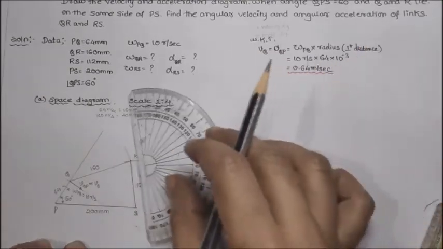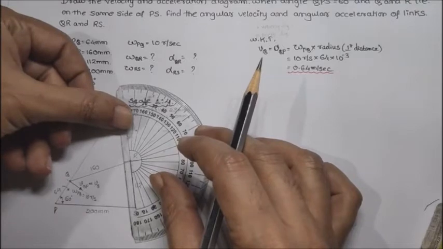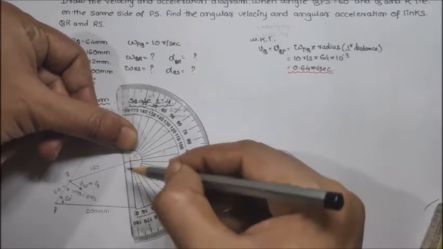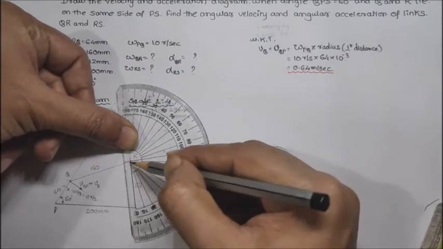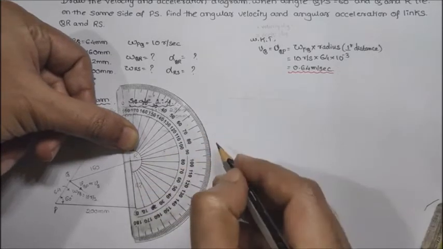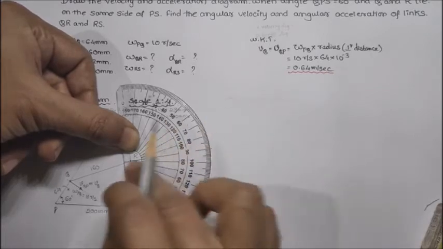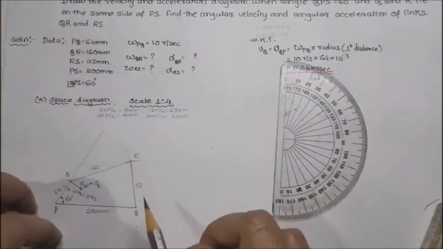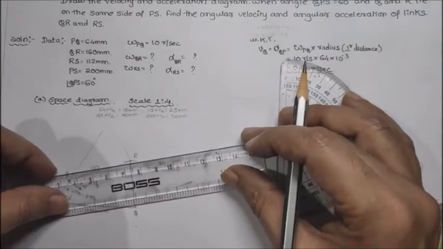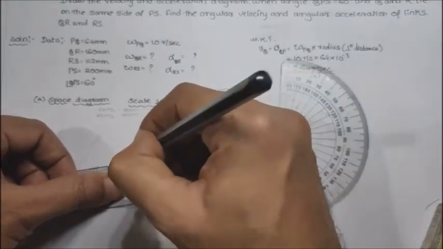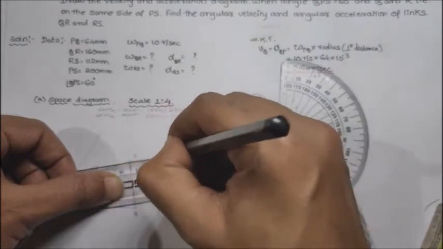So keep your protractor at point R, coinciding with the line RS, that is the 0th line. Then keep a 90 degree here, measure perpendicular, so you'll get this value. So in this direction, draw the direction of velocity.